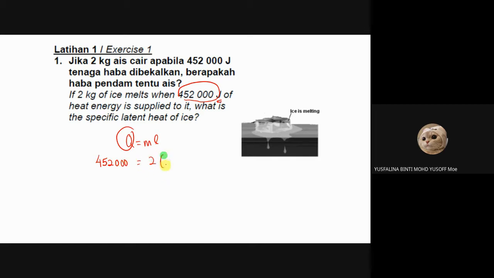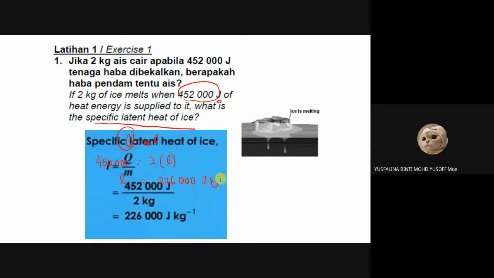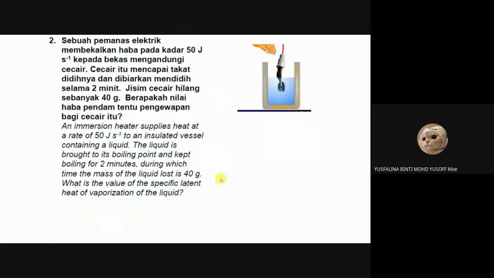The mass is 2, and the L here you need to find, right? The specific latent heat. So you got 226 per kg. So that's question number 1. Is there any question you want to ask for question number 1? This one just straightly uses the formula, right? Okay, correct.